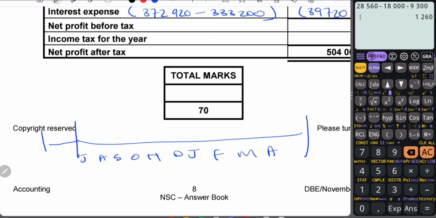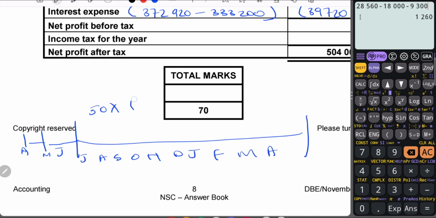July, June, May, April. Now it happens that I'm paying the 50 rand every month for 12 months.